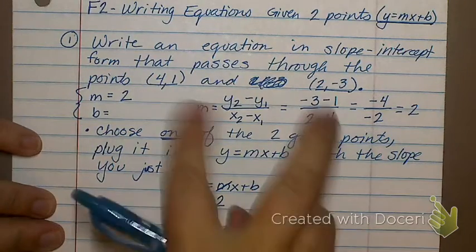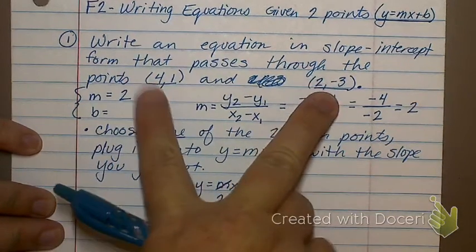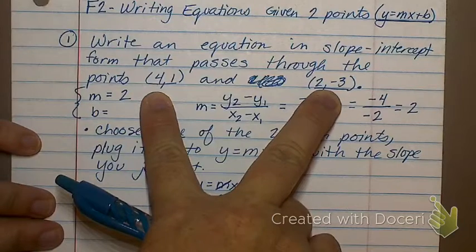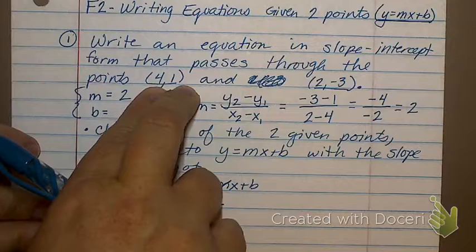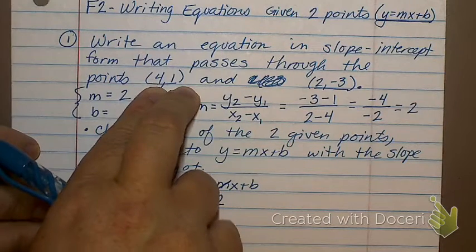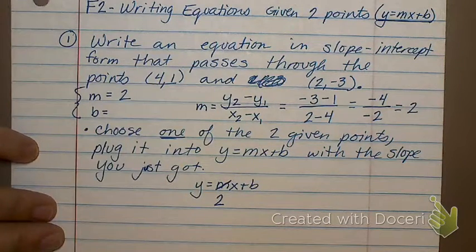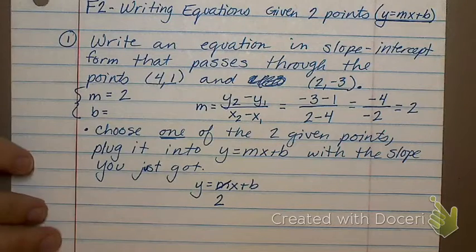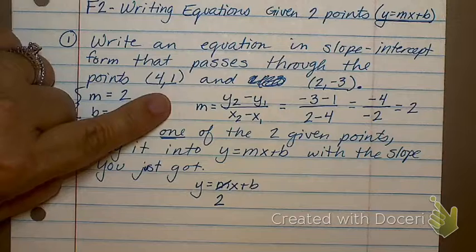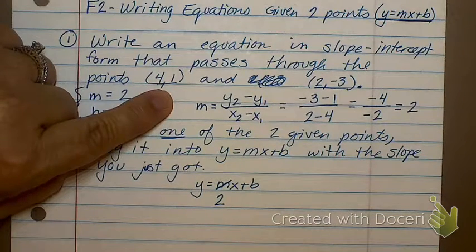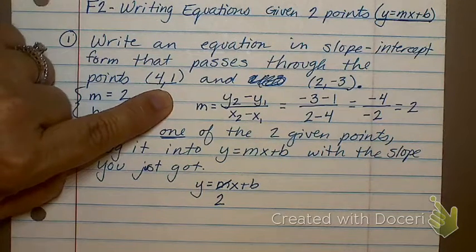It doesn't matter which point I use, as long as whichever point I use, I use both the x and the y from that point. So my suggestion would be pick the point that has smaller numbers or easier numbers, positive numbers. I'm going to choose the 4 and the 1, just because they're both positive. And I think that makes it a little easier.